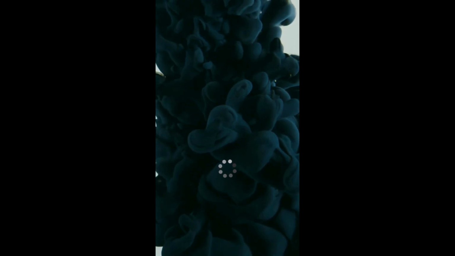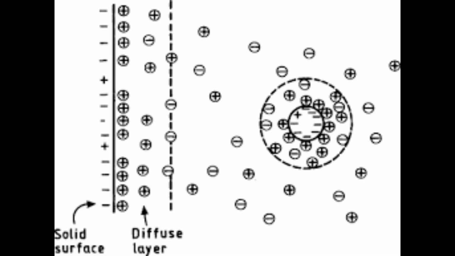When a negatively charged surface of a metal electrode comes in contact with a liquid, it begins to attract positively charged ions from the surrounding liquid, forming a thin compact layer right next to it.